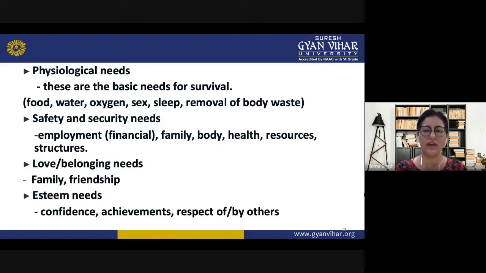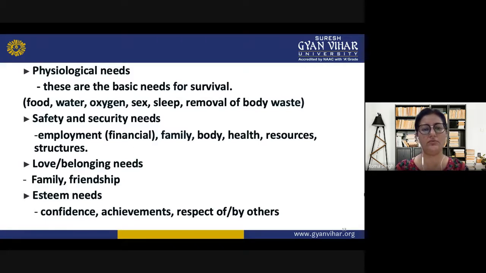Because after we have received all the material needs, now we need affection. So we need a family, friends, and also friendship. So these are also necessary needs for a human being, then only he will be able to move on to the being needs. And then there are esteem needs.